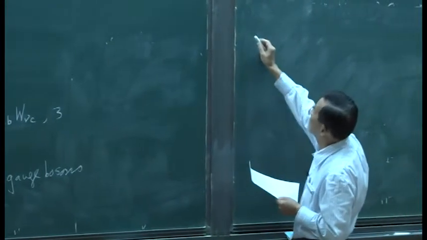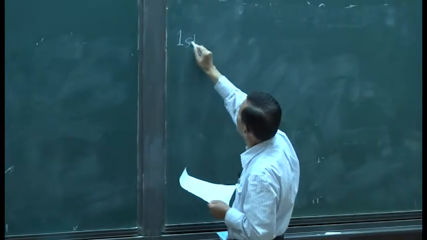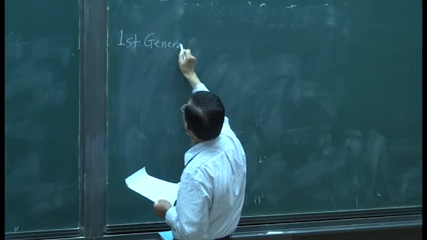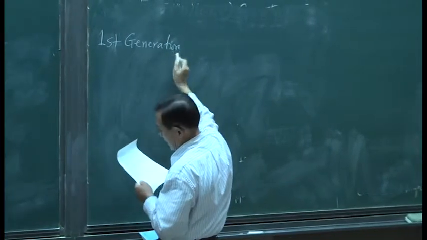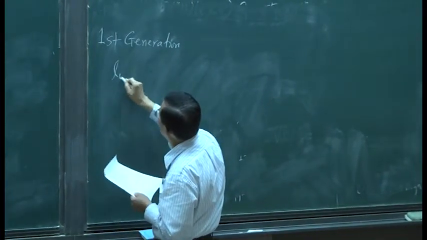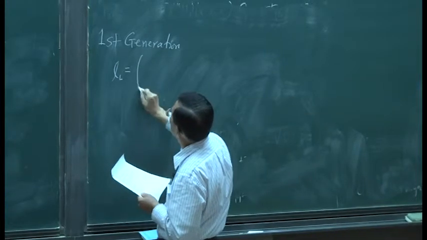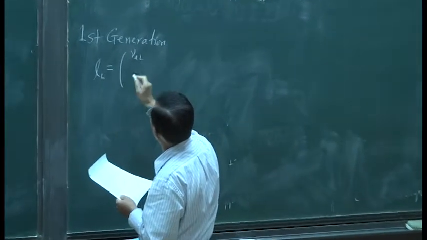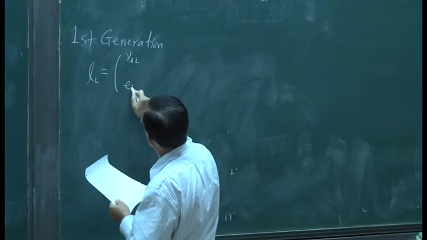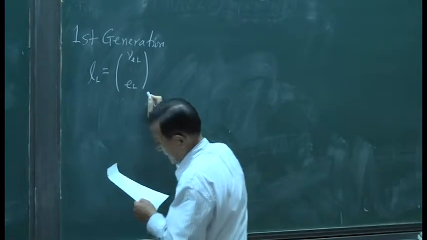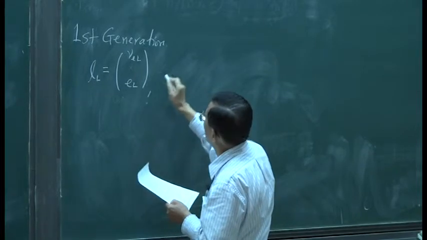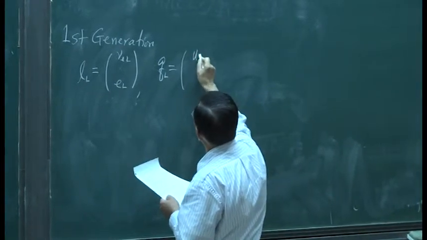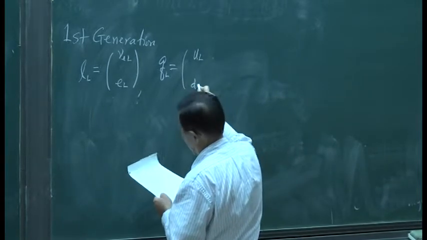If we take a first generation, then we have left-handed electrons, electron, and then we have the quark, left-handed quark, say UL, and then DL.